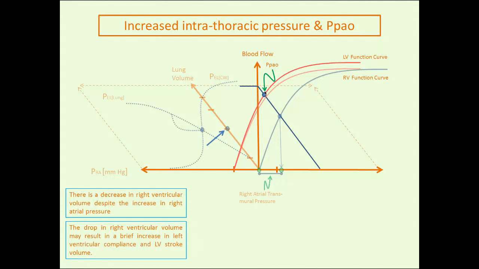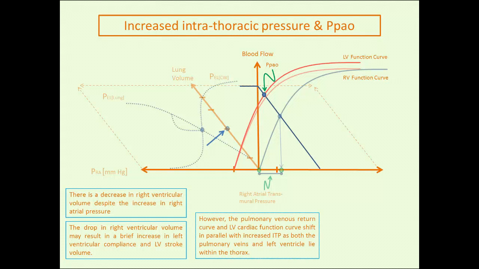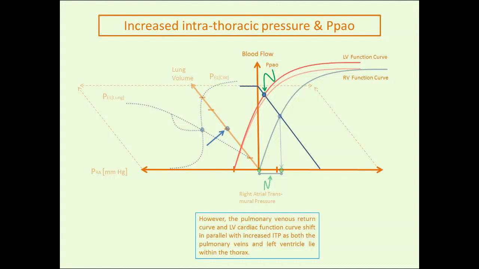So this is the pulmonary artery occlusion pressure that you're measuring here. This line has now become pulmonary venous return, not systemic venous return. So the pulmonary venous return curve and the left ventricular cardiac function curve shift in parallel with increased intrathoracic pressure, and that is different from what we just saw, which was that the increase in intrathoracic pressure shifted the right ventricular cardiac function curve rightwards with respect to the systemic venous return.